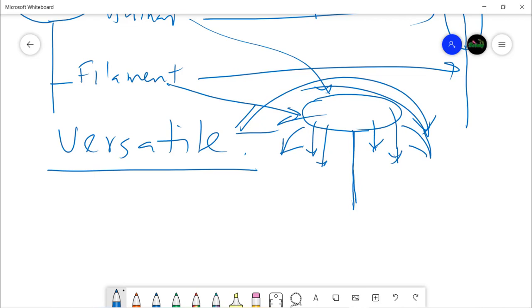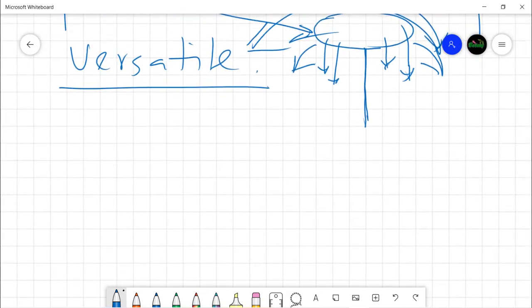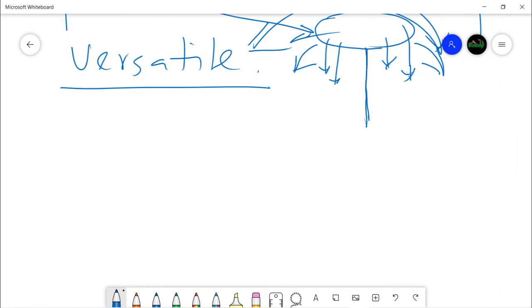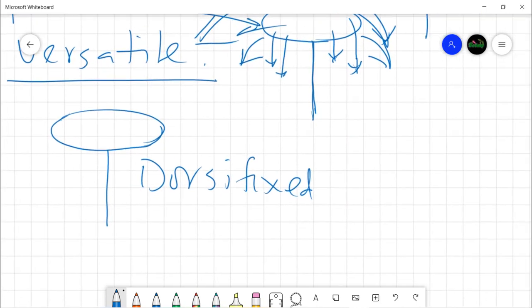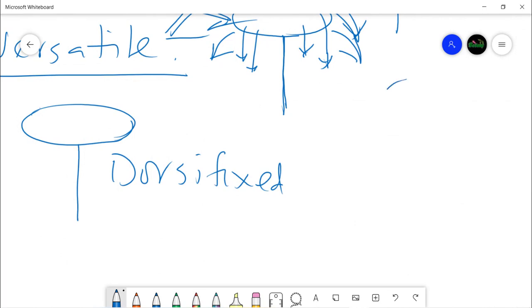The attachment, I have drawn it, is what we call dorsifixed. So let's draw it again, the dorsifixed. The attachment of the filament and the anther is this way. So this is what we call dorsifixed. But it can also be basifixed, but in both cases it is mostly versatile.